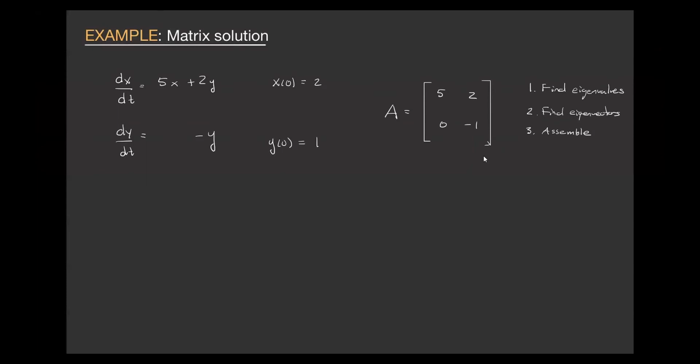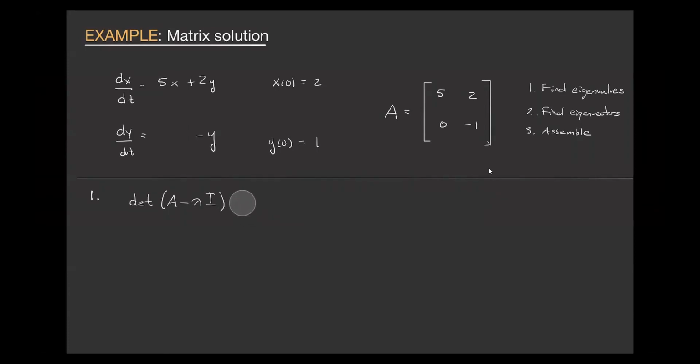To find the eigenvalues, we'll set up a particular polynomial. So doing part 1, we want to take the determinant of A minus lambda I, and set that equal to 0.